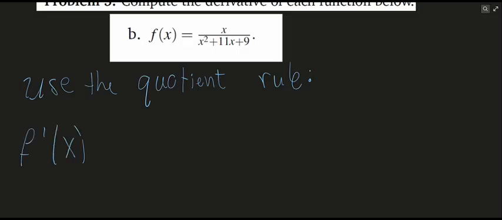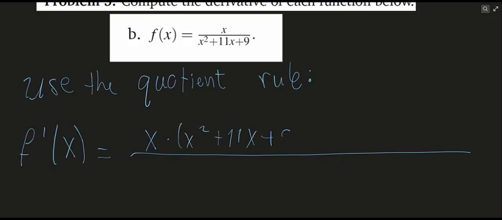So f prime of x is going to be equal to what? Let's actually see this. What I recommend with the quotient rule, kind of like a mnemonic to remember it or avoid mistakes, is literally take numerator times denominator minus numerator times denominator, divide by denominator squared.